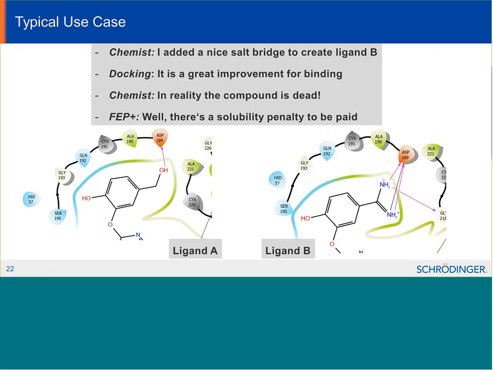That is exactly the process that is easily forgotten if you only look at bound ligand structures. There's always the solvated state to consider as well, and that is one that FEP can give you in a nice and quantitative way.